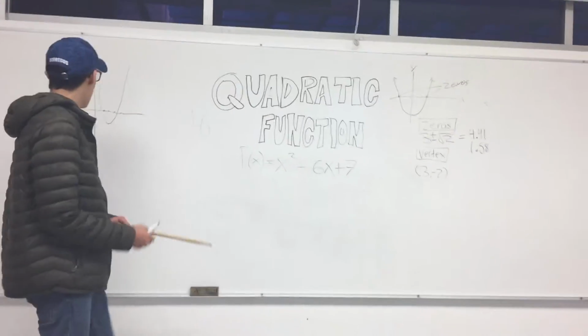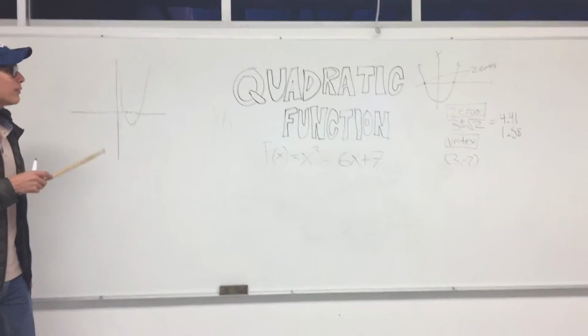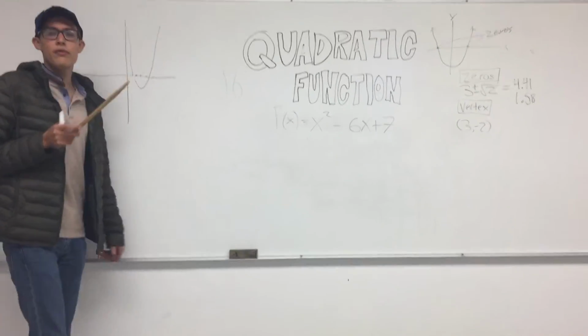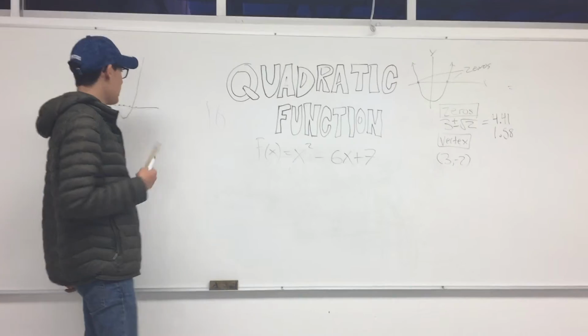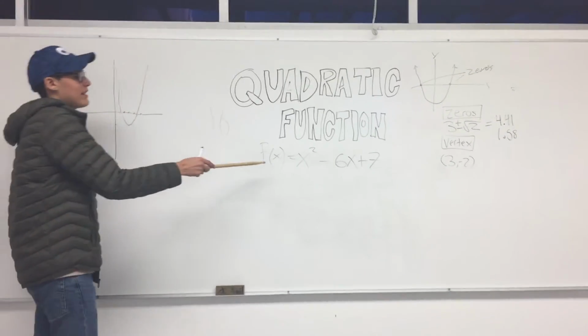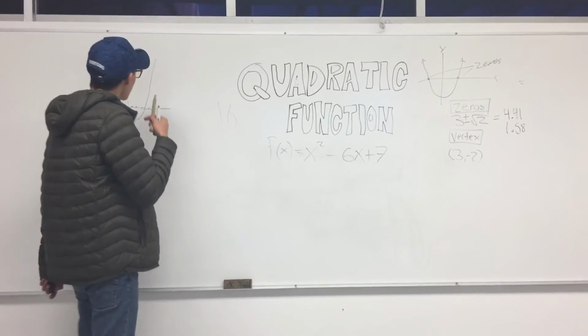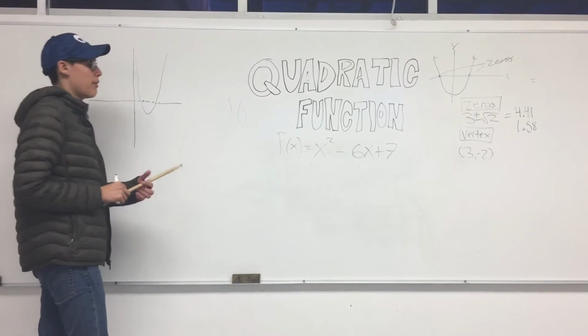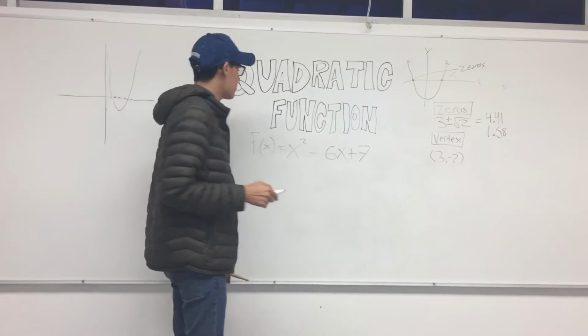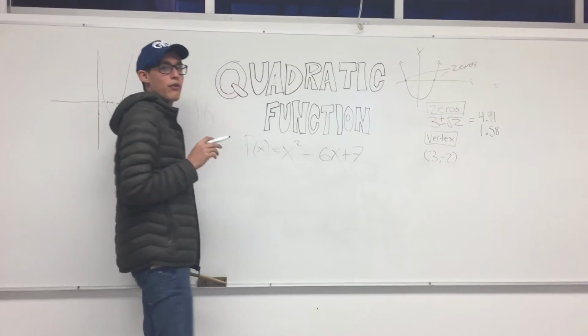And there you go. So as we saw, we already graphed our quadratic function, but we can always check if it's right by replacing x with some value, and if it corresponds to our parabola, we know it's correct. In this case, we're going to replace x with 4.